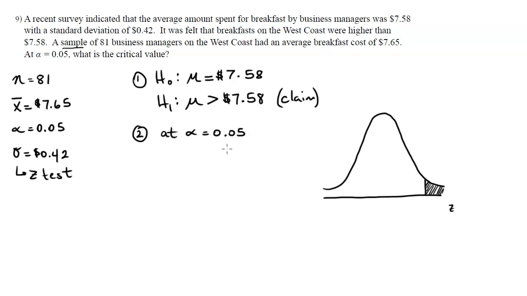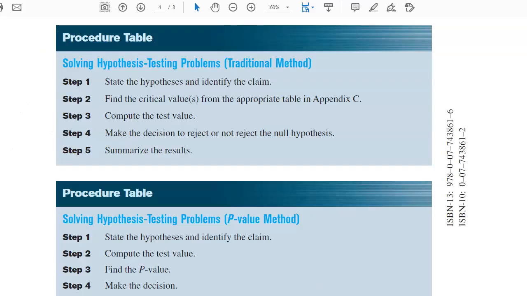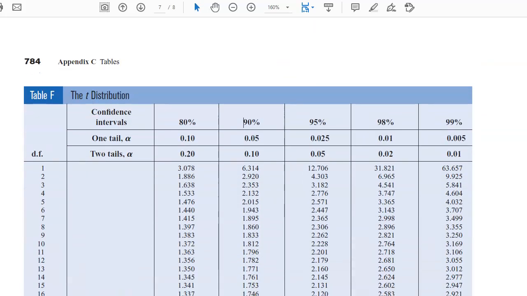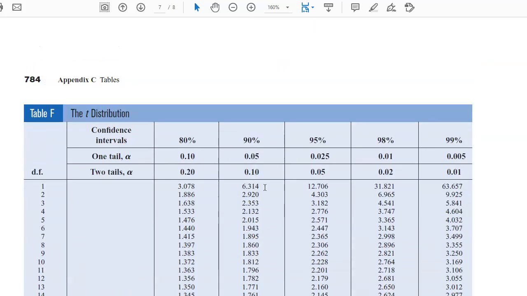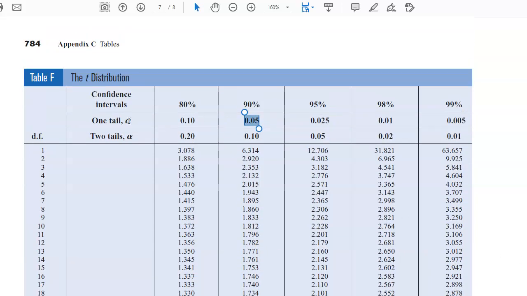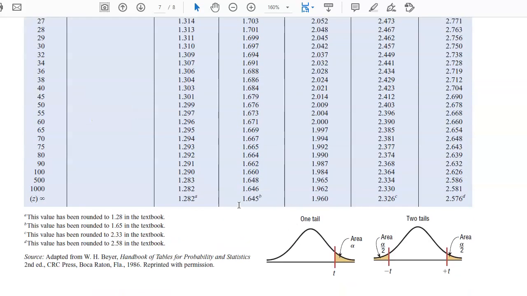So let's go to the formula sheet. 0.05 is alpha, one-tailed. And again, to do that, I'm going to use the t distribution table, not the z distribution table, because it lays it out very nicely. Look, one-tailed, alpha is 0.05, go all the way to the bottom for z: 1.645.